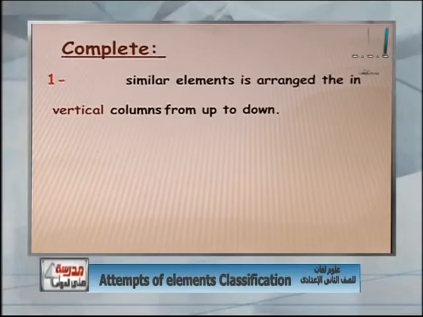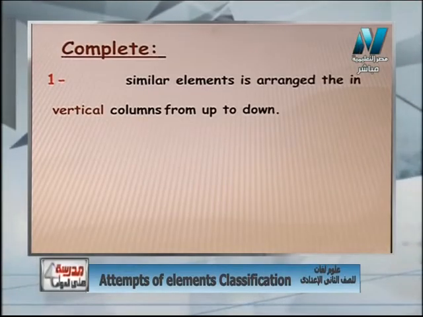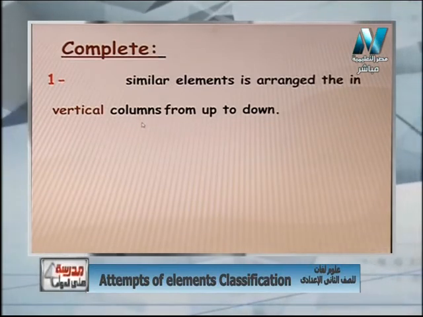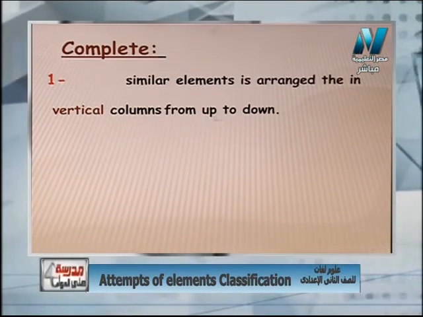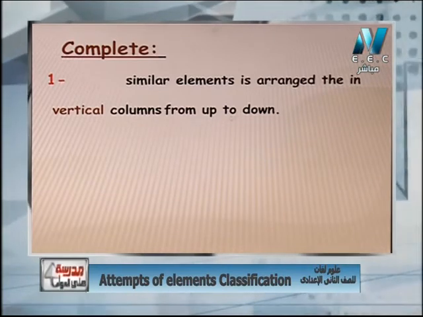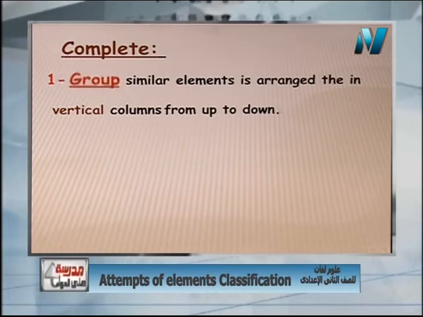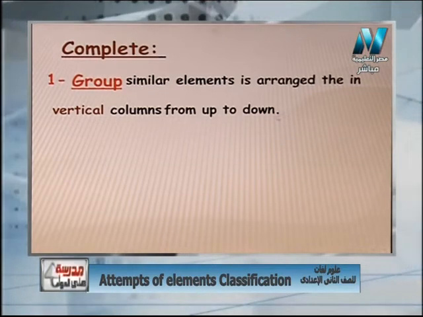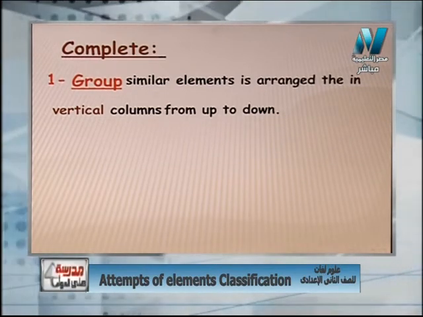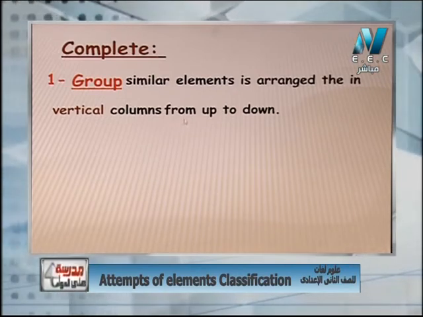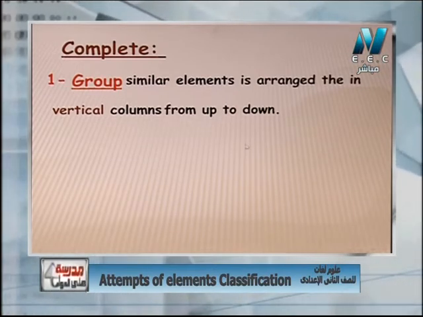Okay, let's see together. Complete. Similar elements are arranged vertically, in a column from up to down. From up to down, we call it group. So the group here is the elements which are read vertically, from up to down.